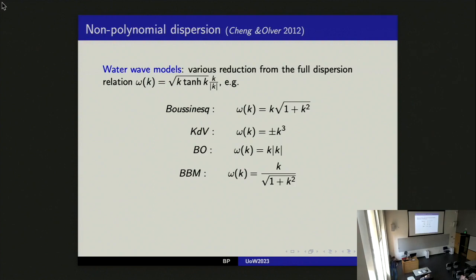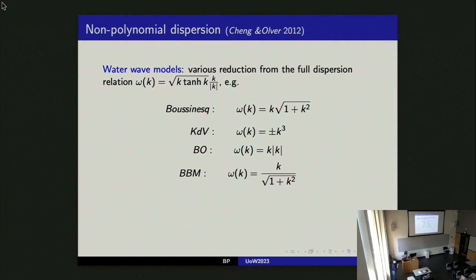Okay, so what about dispersion relations that are not polynomials, which for water waves models are all over the place, right? The full dispersion is this, and then the very many reductions that you can do depending on your interest take various different forms. Here I've listed some, by no means all the possible ones.